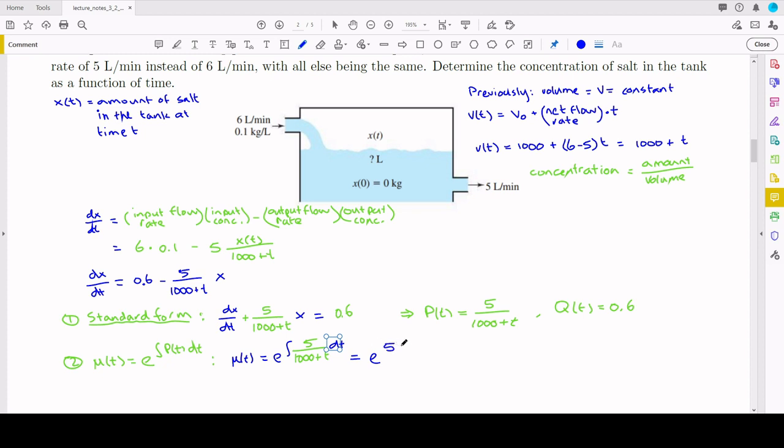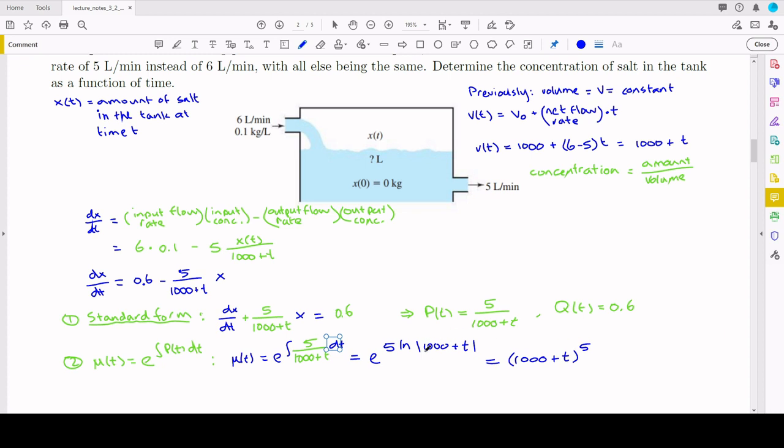So we have 5 times ln of the absolute value of 1000 plus t. And then what we're going to do is bring that 5 inside the ln, so that will be a power of 5. And then the e and the ln cancel, so this is going to be 1000 plus t to the power 5.